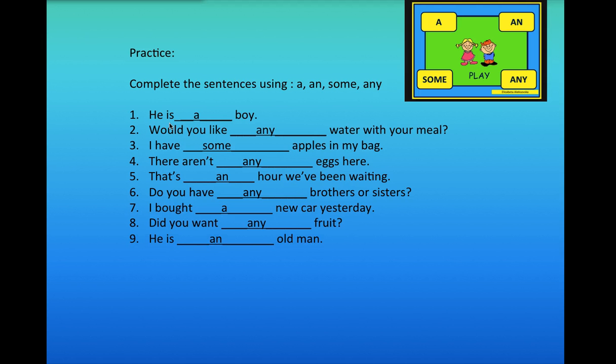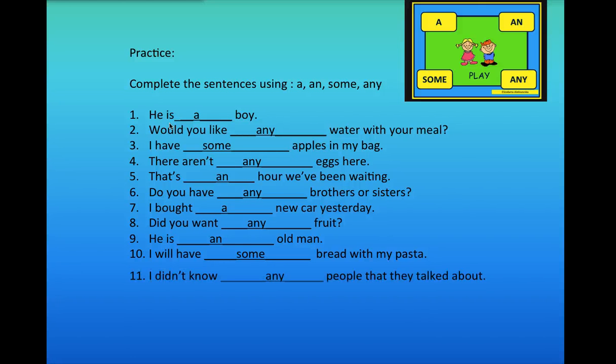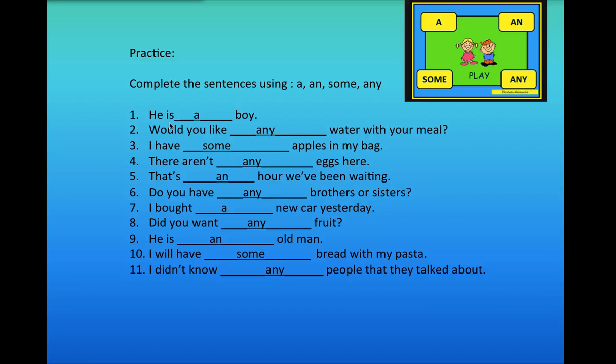He is an old man. Man is singular, countable, but old, the adjective, starts with a vowel, the O, so we use an. I will have some bread with my pasta. Bread is uncountable, so we use some. I didn't know any people that they talked about. People are going to be countable, but this is a negative sentence.